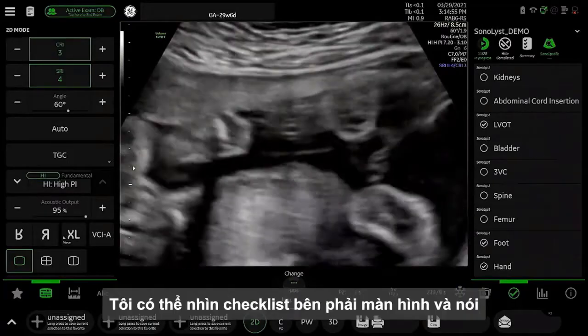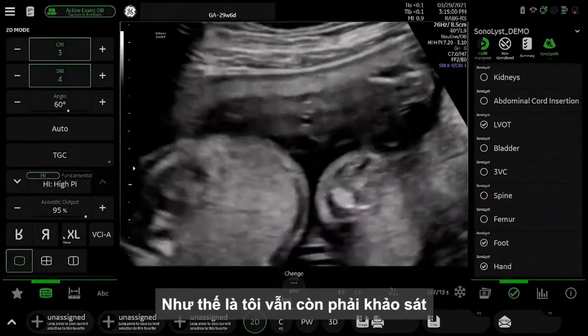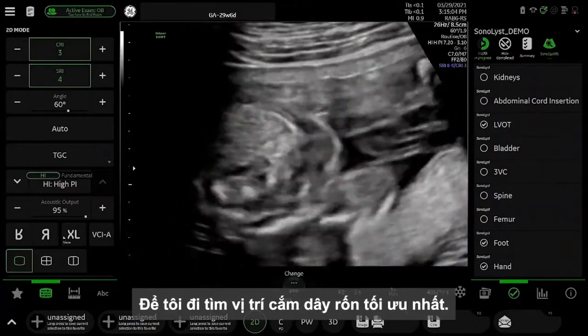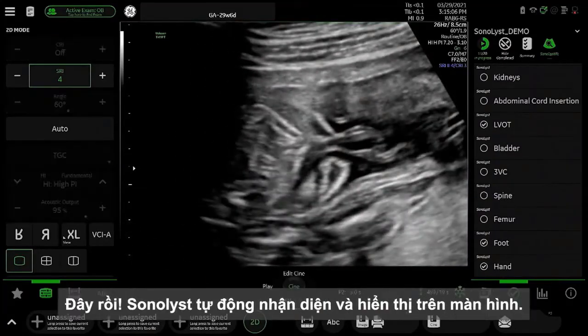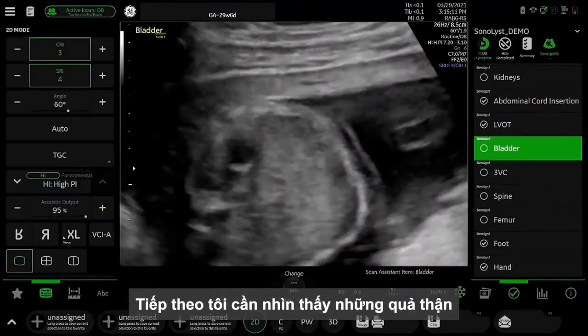Now, I can have a little look here and say, what are the things that I'm still missing? So I still have to see the abdominal cord insertion. So let me go for the abdominal cord insertion. There's the abdominal cord insertion. Thank you. I need to see the kidneys.